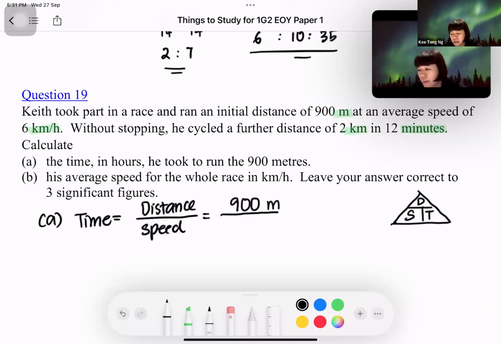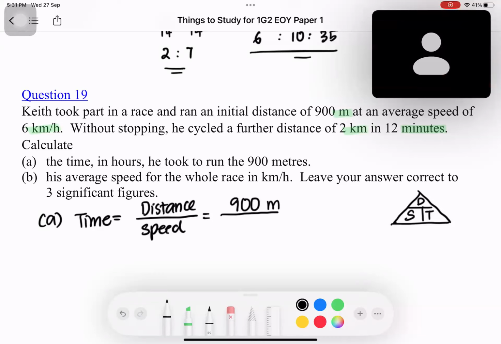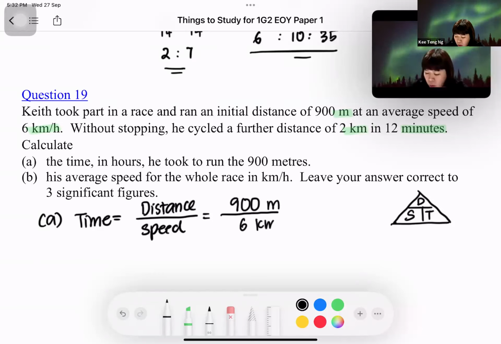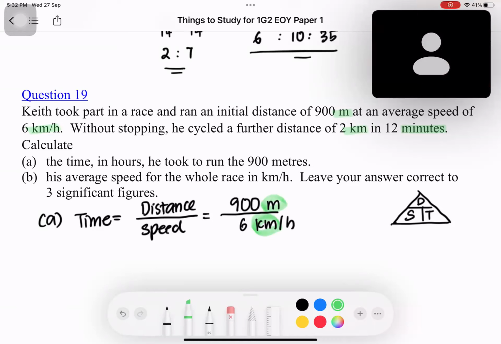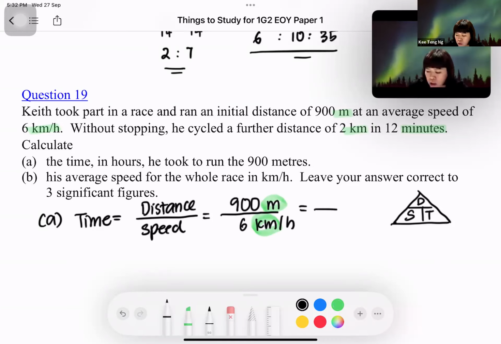Okay, then Aiman, second part, can you tell me what is the speed? 6 km per hour. But I ask everybody, are they the same units for the distance? No, right? So what should I do? The 6 kilometer per hour is very difficult to change, so I keep it.